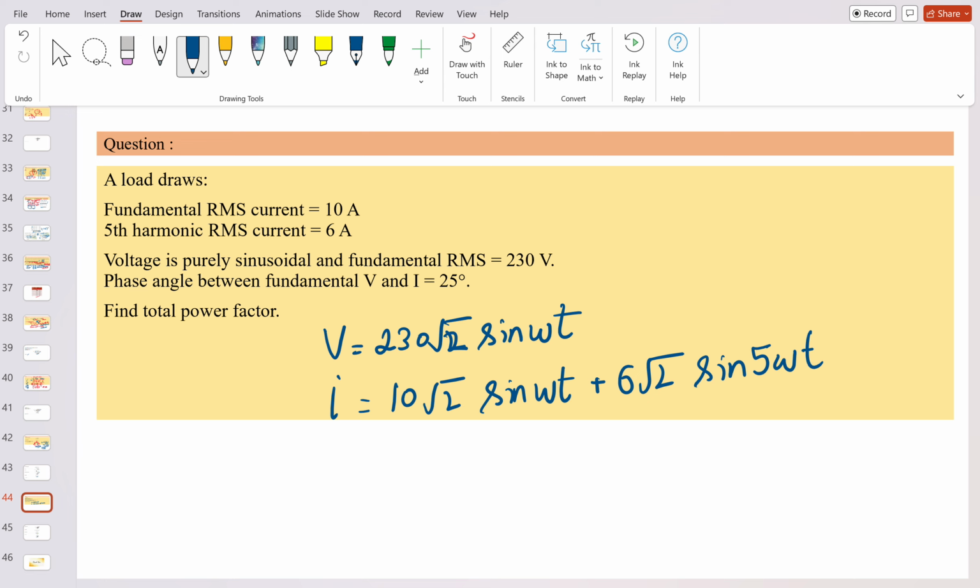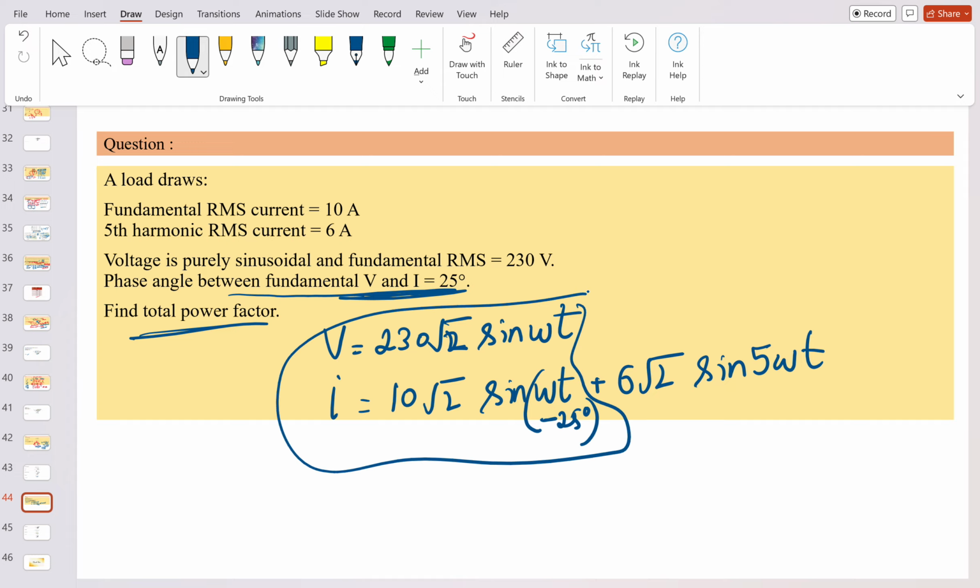It is also given that the phase angle between the voltage and current is 25 degrees, so I can consider minus 25 degrees. The total power factor is derived with respect to the fundamental only, so it will be cos 25 degrees, equal to 0.906.